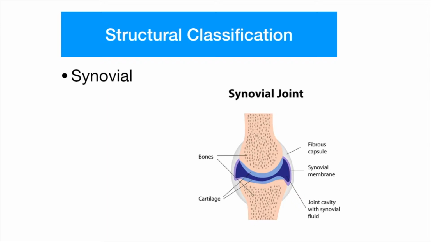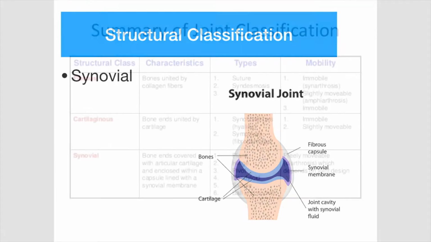Lastly, we have synovial joints. These are the ones that have an actual cavity filled with fluid, which allows for substantial mobility. Articular cartilage covers each opposing bone surface, protecting the ends of the bones in a structure called the joint cavity.